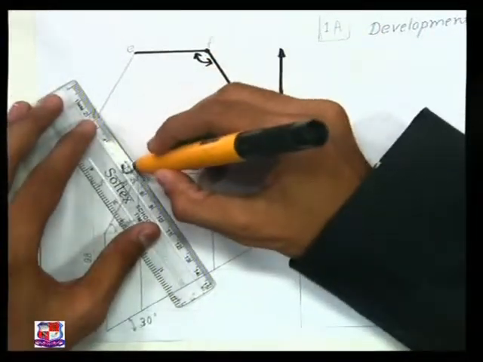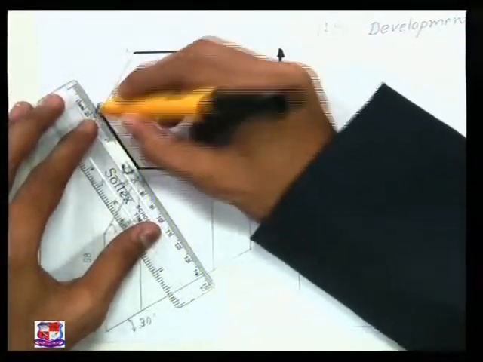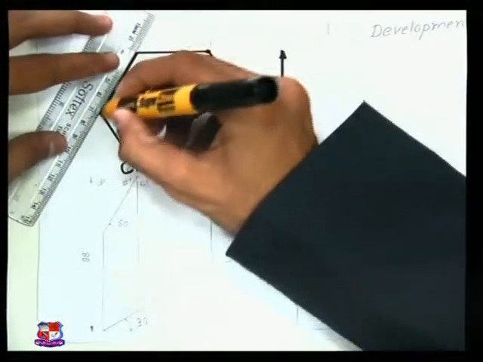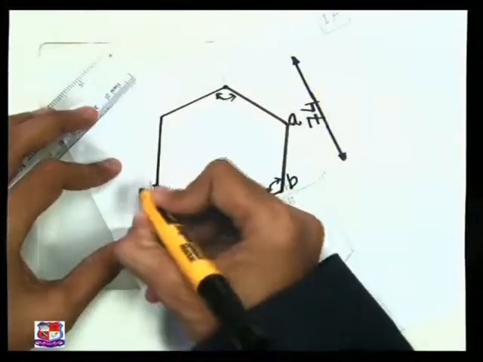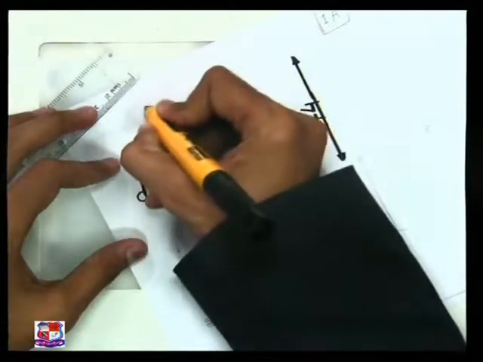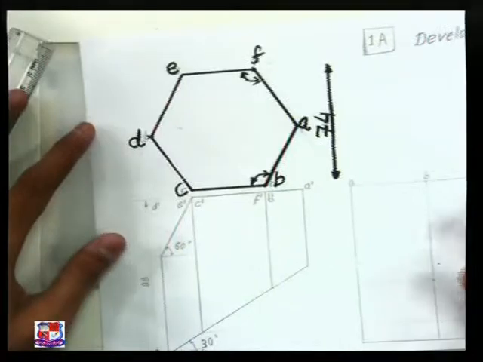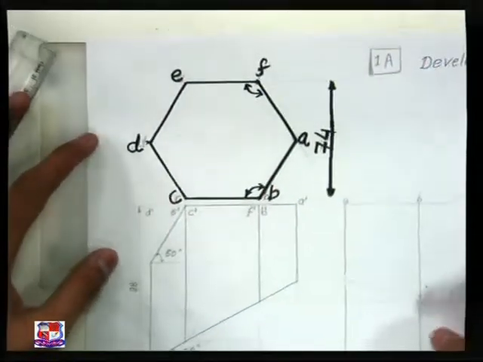Now we know the length of the line, that is 42 mm, so we can complete this hexagon like this. Name the end points. This is point C, this is point D, this is point E, and this is point F. A, B, C, D, E and F, 6 endpoints are drawn.